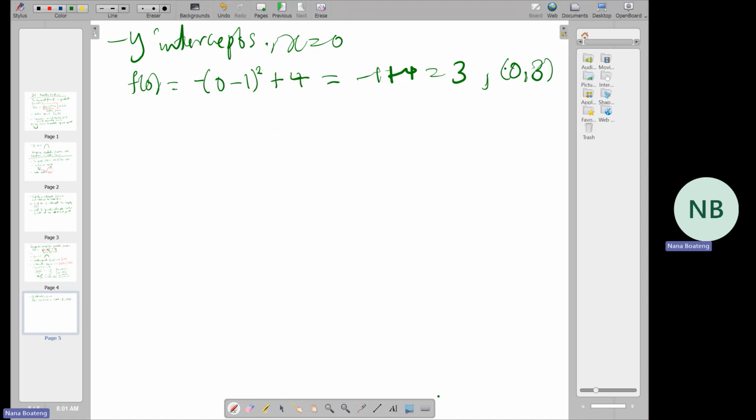All right, so now we have a set of points that we can use to graph our function. Let's try to graph our function now.